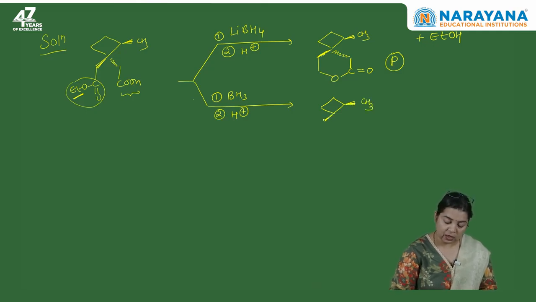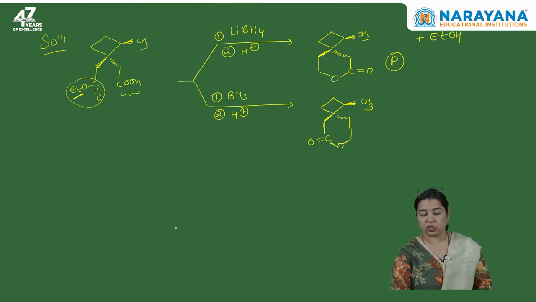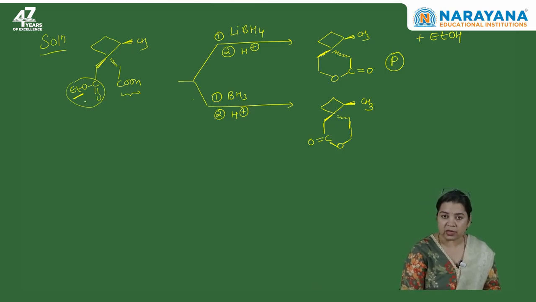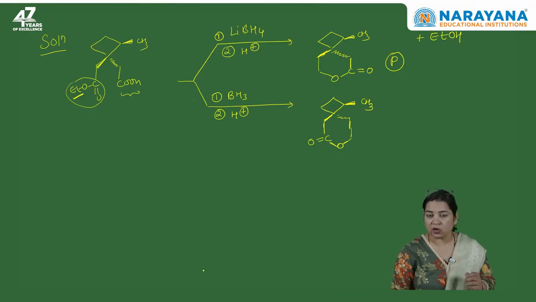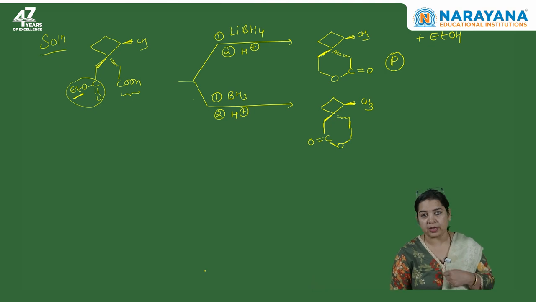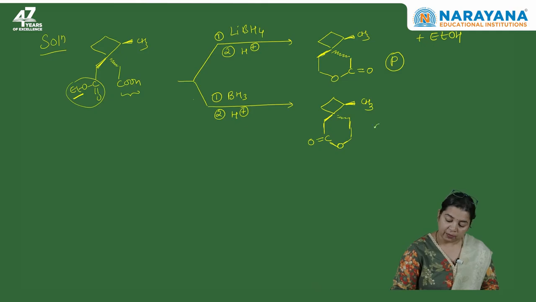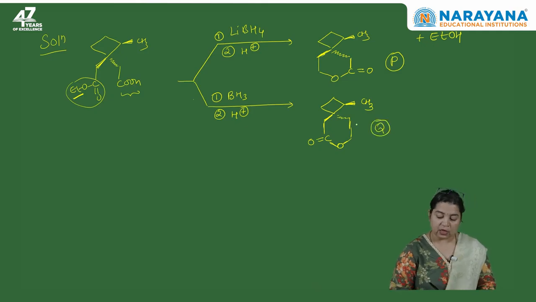So by that logic, this time it remains COOEt, and here this becomes CH2OH. Now when I say O, there is ester formation again, where this side alcohol will react with this side ester, and you must have seen or studied a reaction named transesterification, when one ester is converted to another ester in presence of alcohol. So that reaction is observed here, and the product this time formed is mentioned as Q.